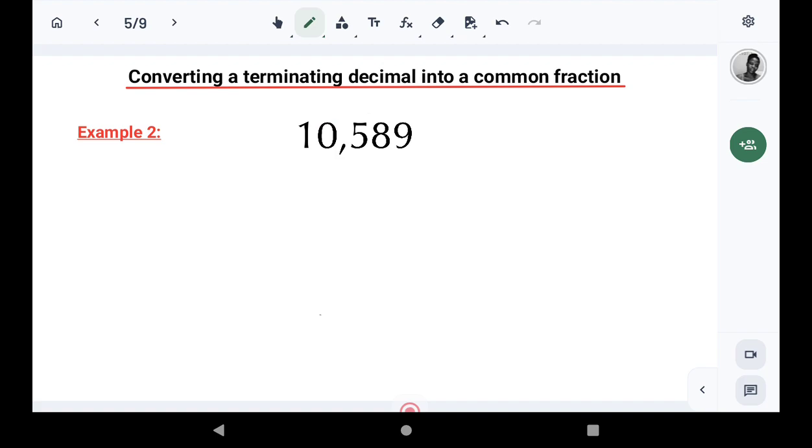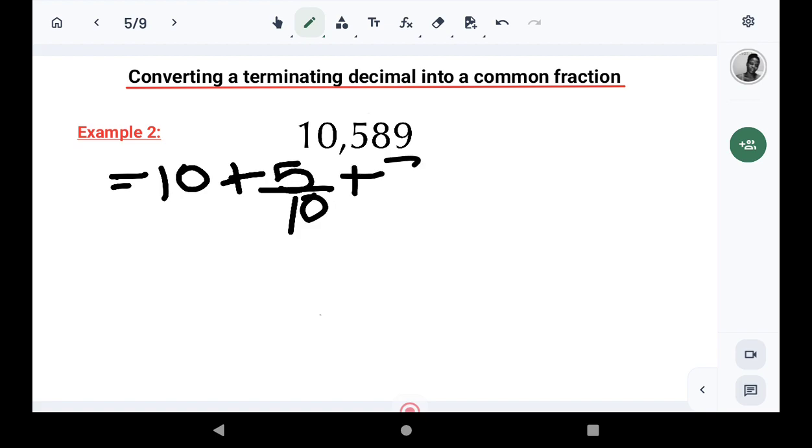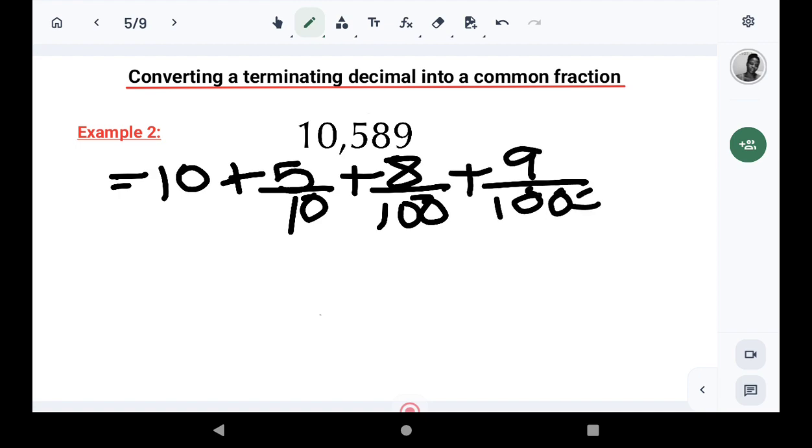This can be written as 10, that is your number, plus 5/10 plus 8/100, because that is two decimals away from a comma, plus 9/1,000.